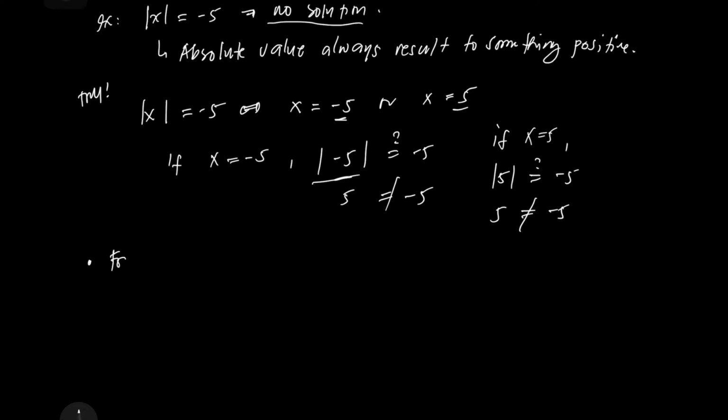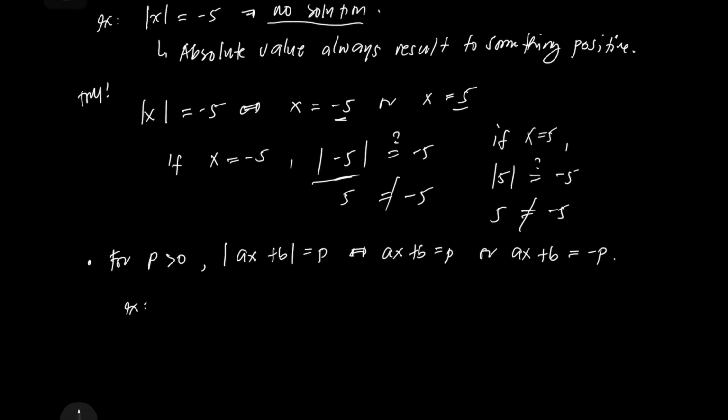Next, for p greater than 0, the absolute value of ax plus b equals p is equivalent to ax plus b equals p, or ax plus b equals negative p.